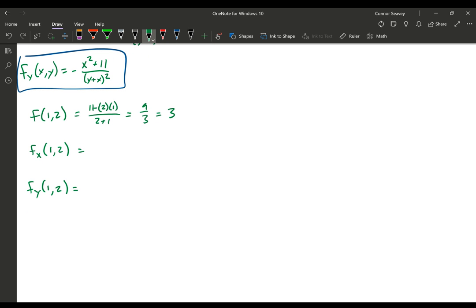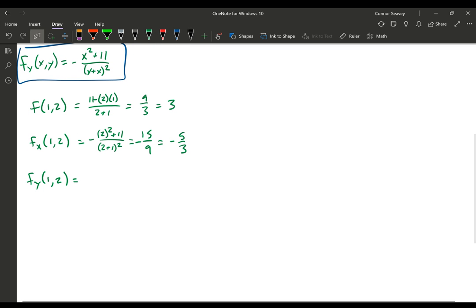F sub x of (1, 2) is going to be (negative 2 squared plus 11) over (2 plus 1) squared. That's going to be negative 4 plus 11 is 7, hmm, actually as the speaker computes it, 4 plus 11 is 15 over 3 squared is 9. So that's going to be negative 15 over 9, which is negative 5/3.